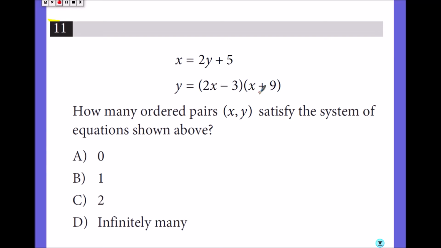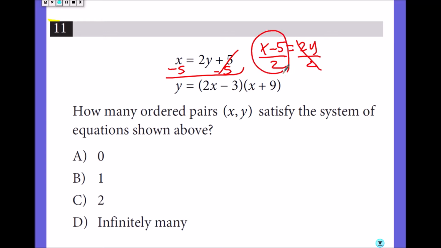So let me just go ahead and solve for y. So let me move 5 from both sides. So I get x minus 5 equals 2y, divided by 2. So that is my y, right?